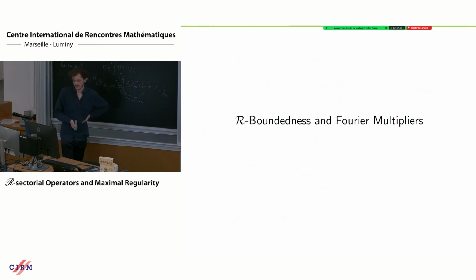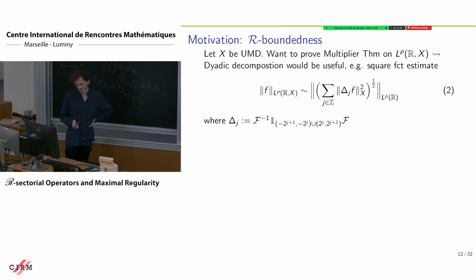And now we'll talk about R-boundedness and Fourier multipliers. Some motivation before. If you take a UMD space, as we mentioned in the other side of the motivation, we wanted to get a multiplier theorem, and a dyadic decomposition would be useful. But this only works when X is Hilbert.